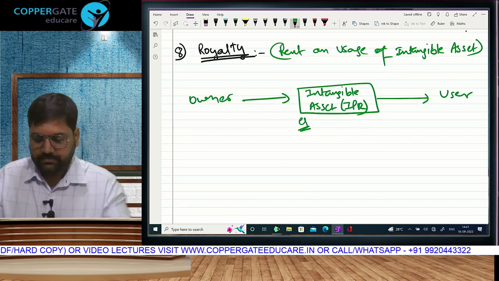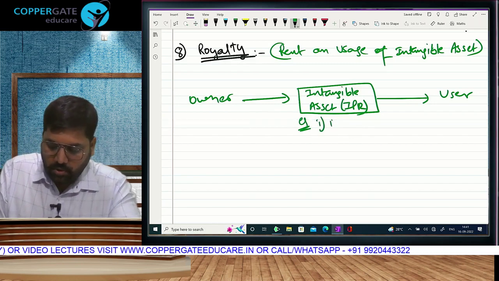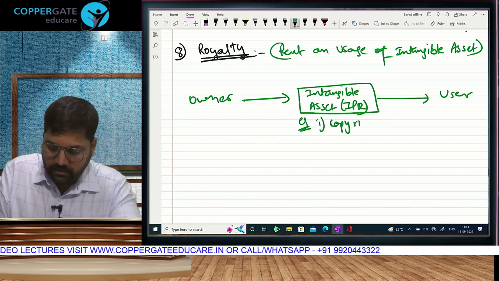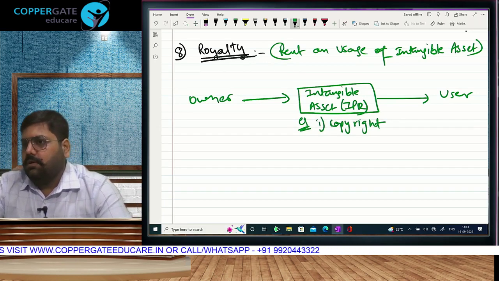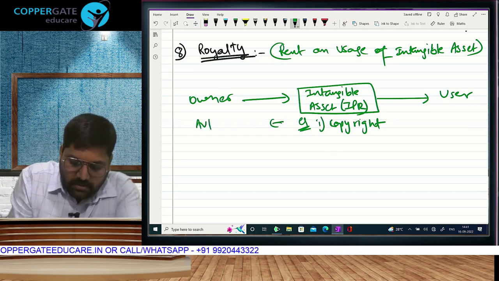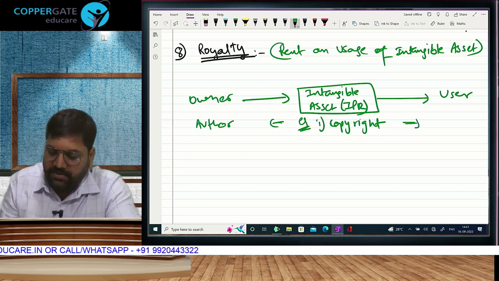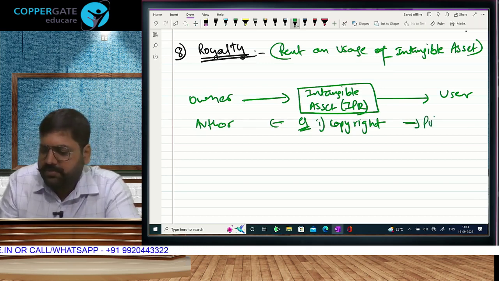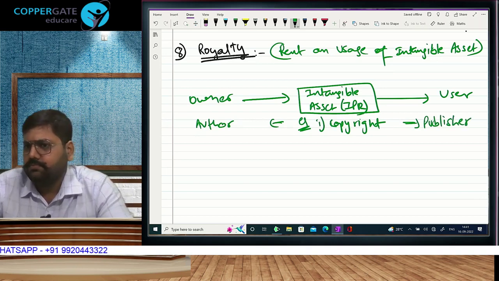Example: copyright. The owner of copyright is an author, and the user is a publisher, publication house, you may call it whatever you want.